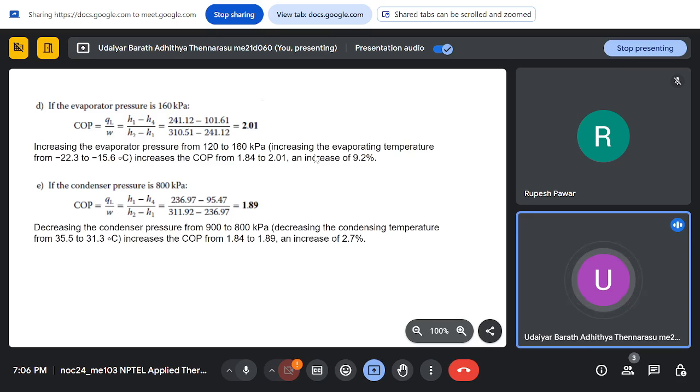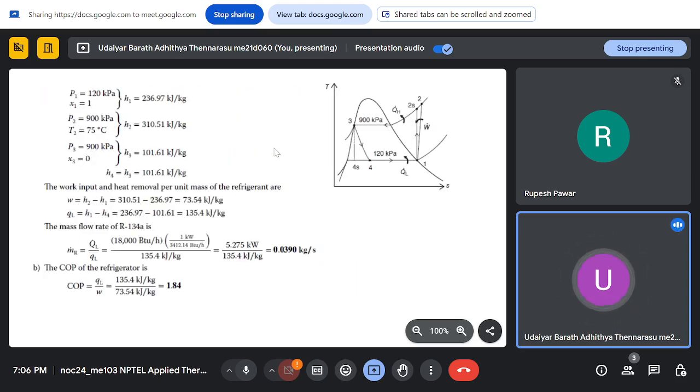So the next is, if the evaporator pressure is 160 kilopascal, then your COP. Now we have to estimate, instead of 120 kilopascal, this line 1 to 4 moves up a little bit to 160 kilopascal, and then you have to estimate the new state points 1 and 4.